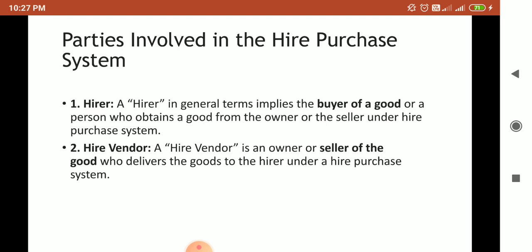Here, hirer in general terms implies the buyer of goods, or a person who obtains goods from the owner or the seller under the hire purchase system.